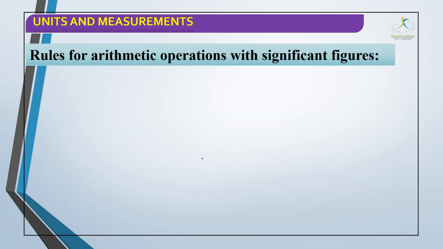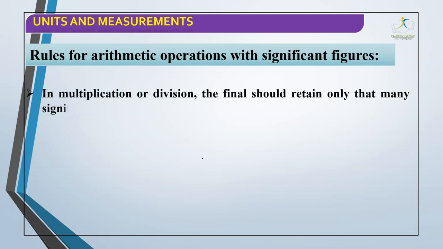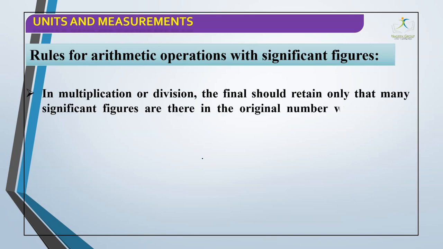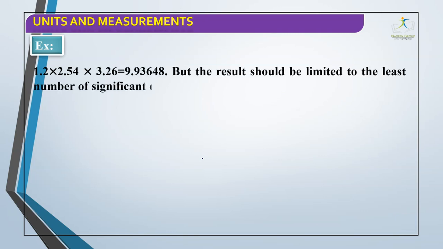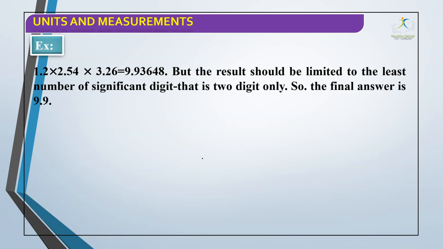Rules for arithmetic operation with significant figures. In multiplication or division, the final result should retain only as many significant figures as are in the original number with the least number of significant figures. For example, 1.2 times 2.54 times 3.26 gives 9.93648. But the result should be limited to the least number.